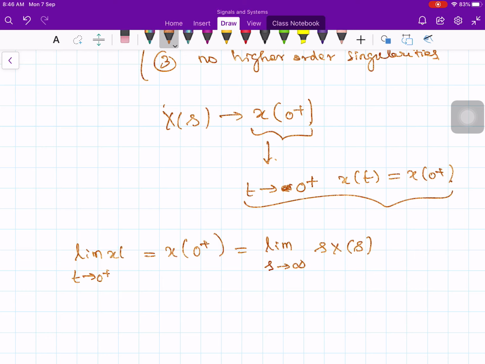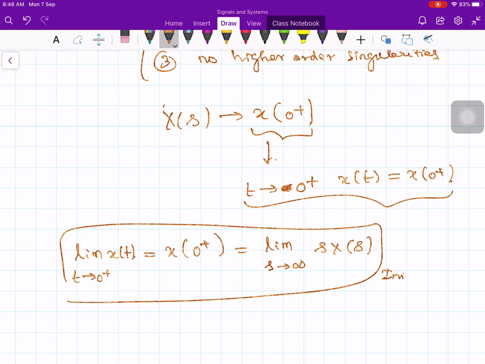This is your initial value theorem. That means you wanted to know just after closing the switch, at 0+. We are not interested in x(0 minus). Just you close the switch, and immediately after that, what is the value? That's what your initial value theorem says.